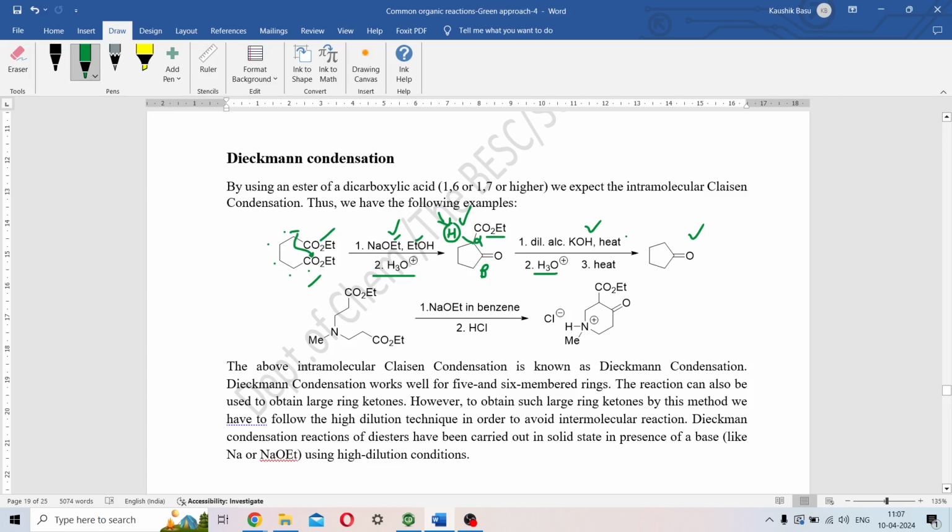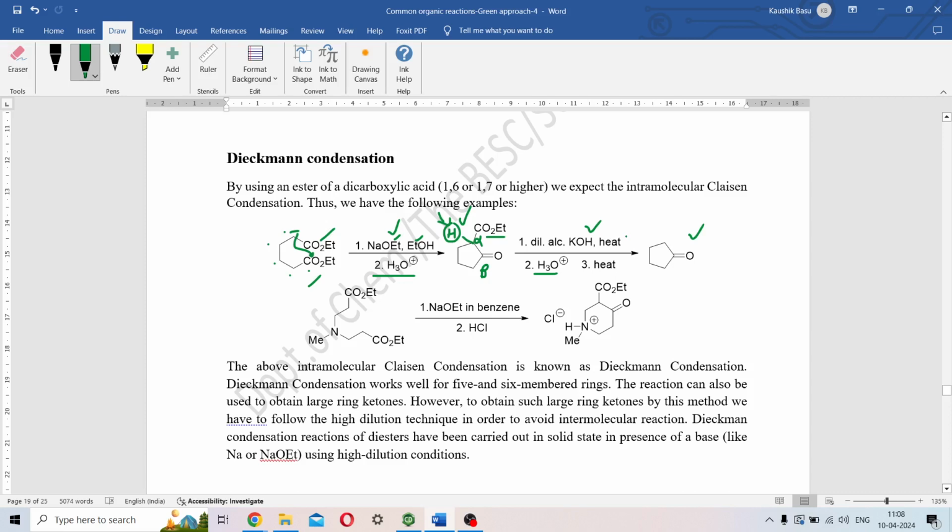We get good yield. But if we are thinking in terms of closing down the ring and achieving 10-membered, 11-membered, 12-membered large ring like macrocycles, then those sort of intramolecular reactions are quite forbidden entropically.